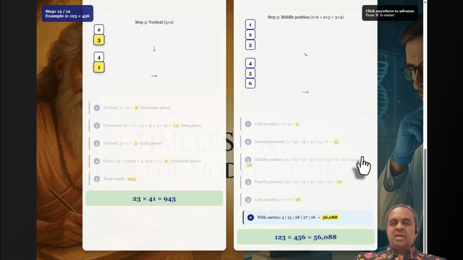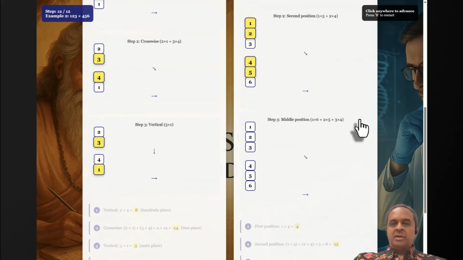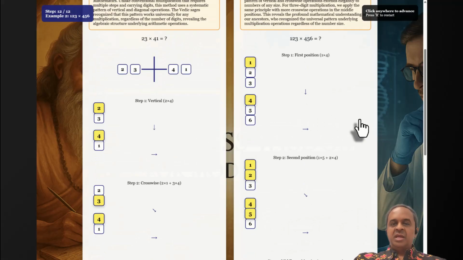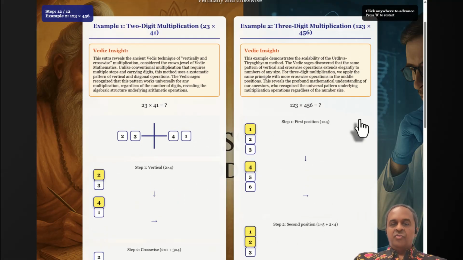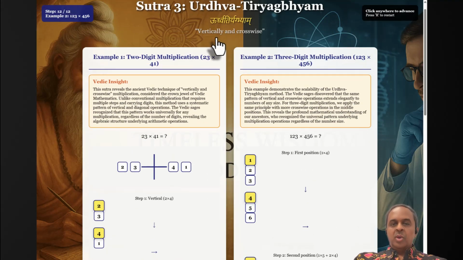The more you do it, the more you remember it. So it's basically vertical for the 2 end digits, the units and either the tens or hundreds or thousands, based on how big the number is. Those are the 2 results, and you put them on the 2 ends. And then for all the numbers in between, you do cross multiplications.